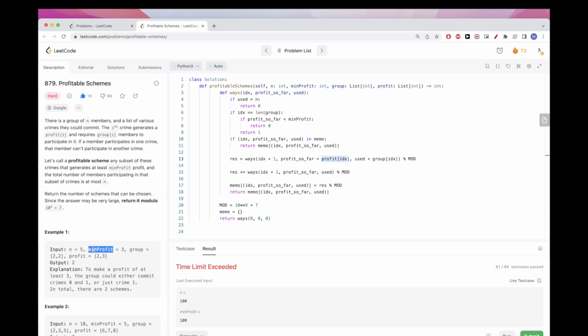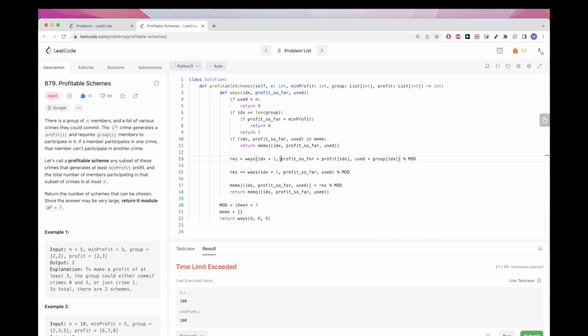Because we have 3 states, the number of variations increases; with 2 you have fewer combinations, but with 3 you have more. So can we eliminate some of these combinations? We could make this one have fewer possible values, because we only care about whether it reached the minimum profit or not.